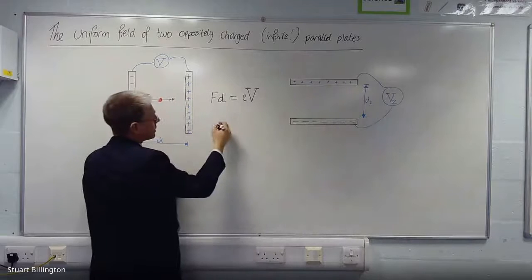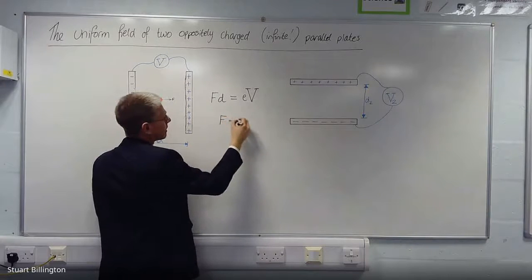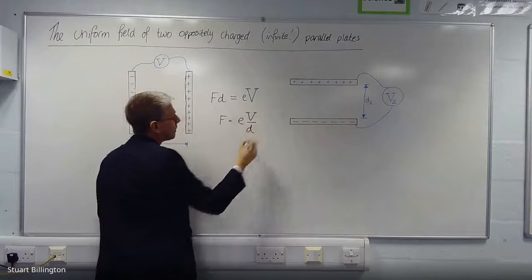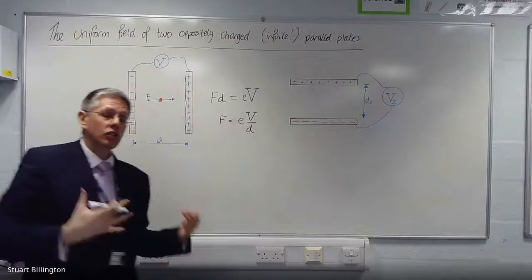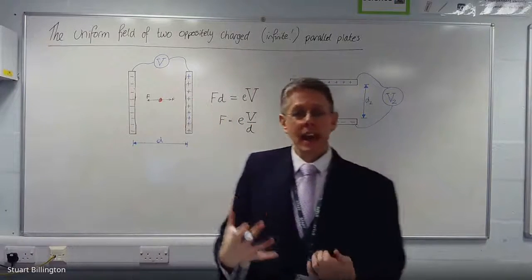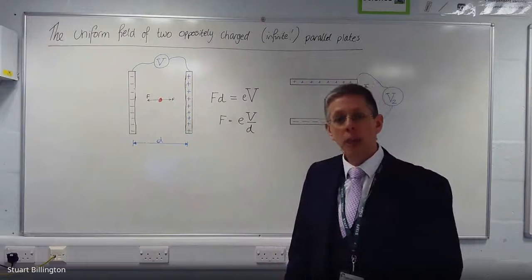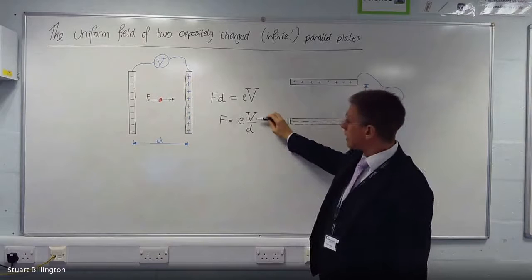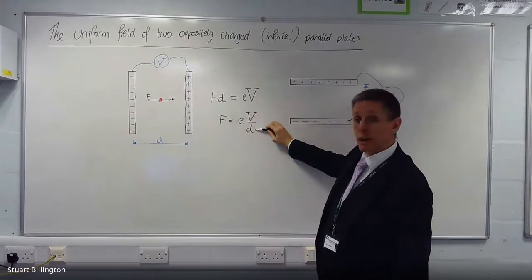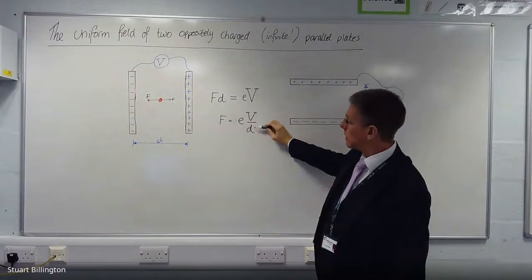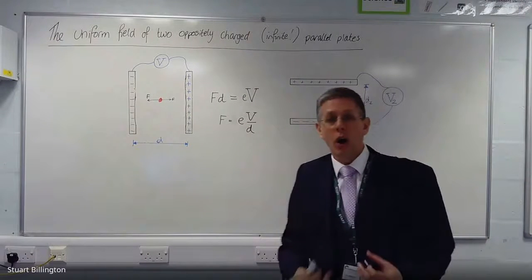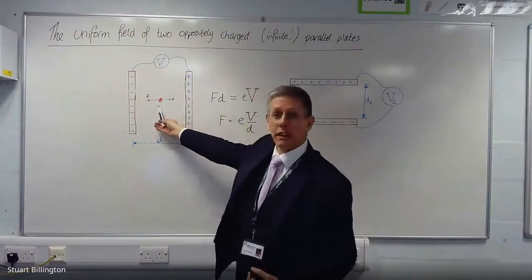We can now just divide by the D, and we've got straight away the answer to the question, how big is the constant force? It's equal to the potential difference divided by the distance between the plates, multiplied by the charge, whatever it is that's in the gap.